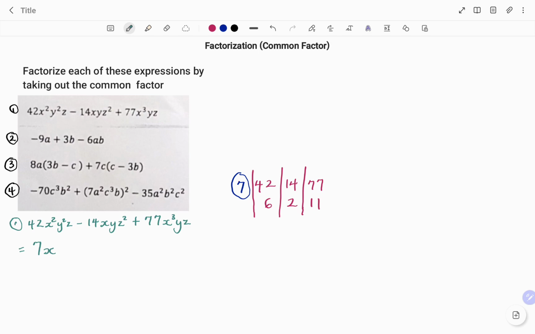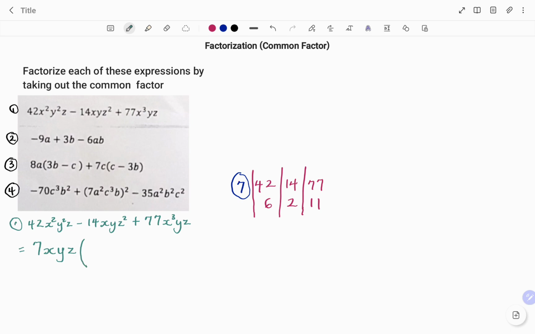If we check for the variable y, we have y squared, y, and y. Y to the power of 1 will be the highest common factor for the variable y. And if we check the z, we have z, z squared, and then z. Z with the power of 1 will be the highest common factor for the variable z.